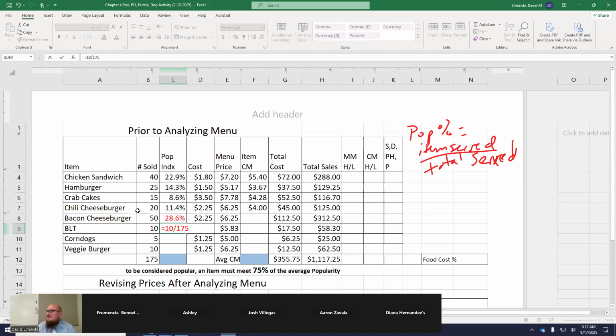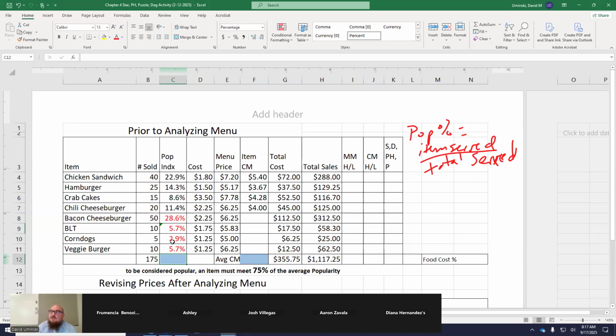Oh, 17.5. No, if we had done 175 divided by 10, it would have been that, but we have 10 divided by 175. So that's 5.7%. And then 5 divided by 175 is 2.9%. And then we know that 10 is 5.7%, just because we had 10 before.